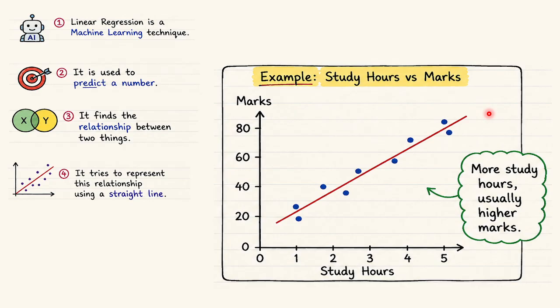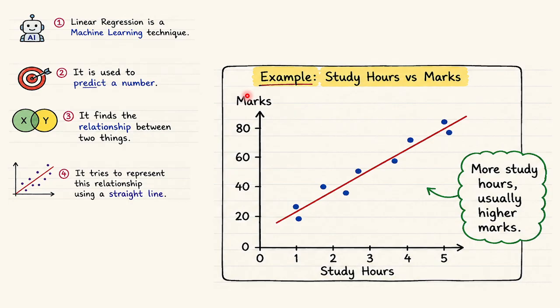So machine learning works with these data points and tries to find a straight line. This straight line represents the relationship between the two variables, and here these two variables are study hours and marks. Both variables can change, right? Study hours can increase or decrease, and marks can also increase or decrease. So the relationship between these two variables can be represented using a straight line.